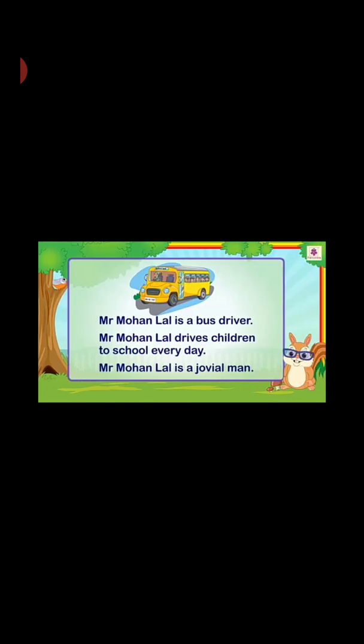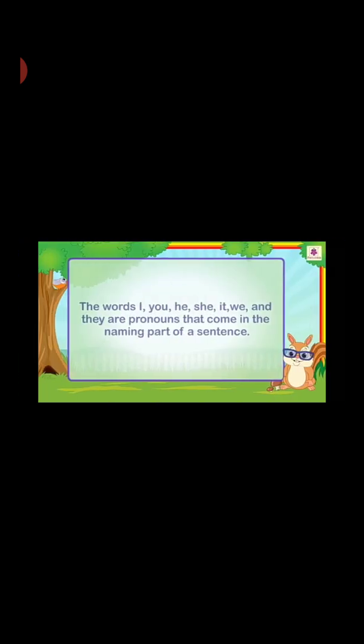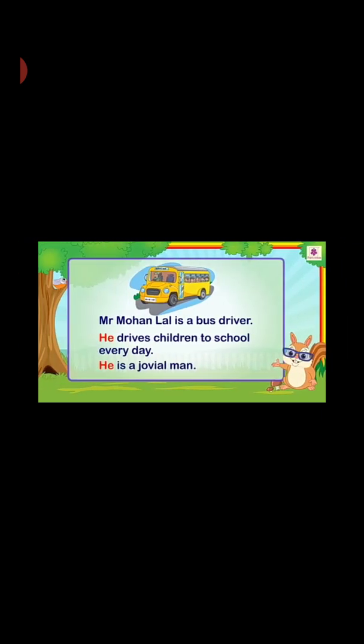These three sentences describe Mr. Mohanlal. Instead of repeating his name, we can use a pronoun, he, and we can say, Mr. Mohanlal is a bus driver. He drives children to school every day. He is a jovial man.